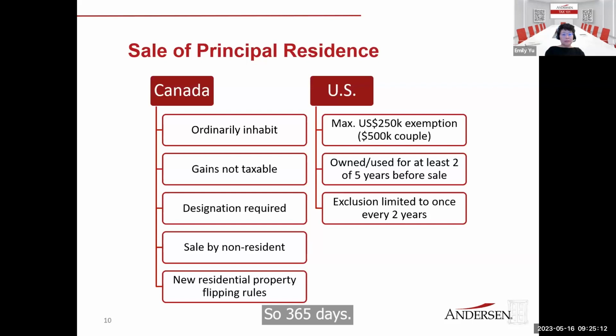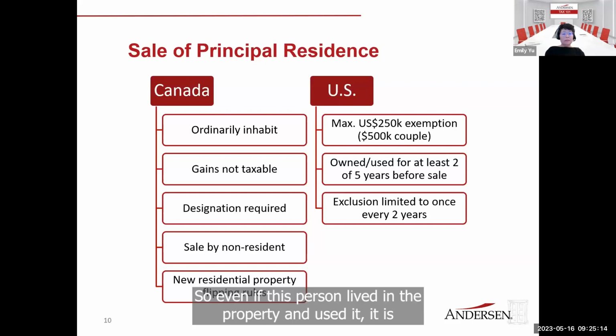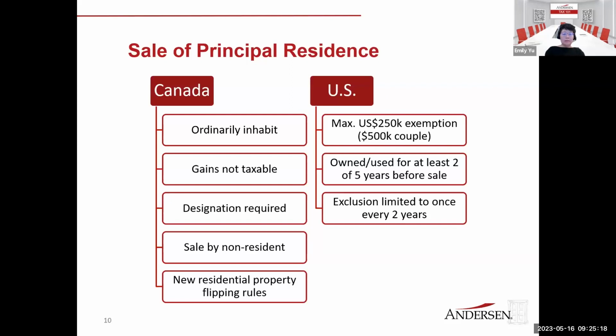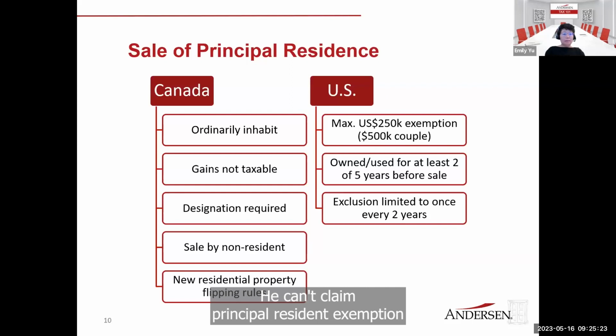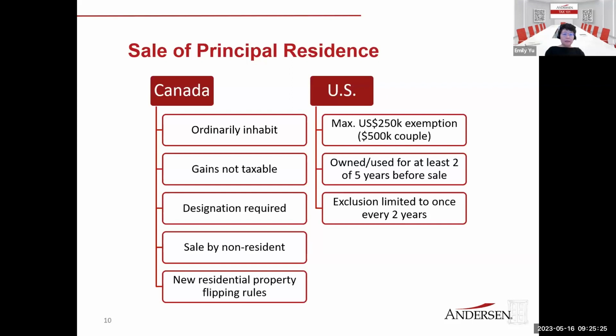So 365 days. Even if this person lived in the property and used it as his principal residence prior to the sale, he can't claim the principal residence exemption, and he can't use the 50% capital gain inclusion rate. Also, if the sale results in a loss, the loss is denied.